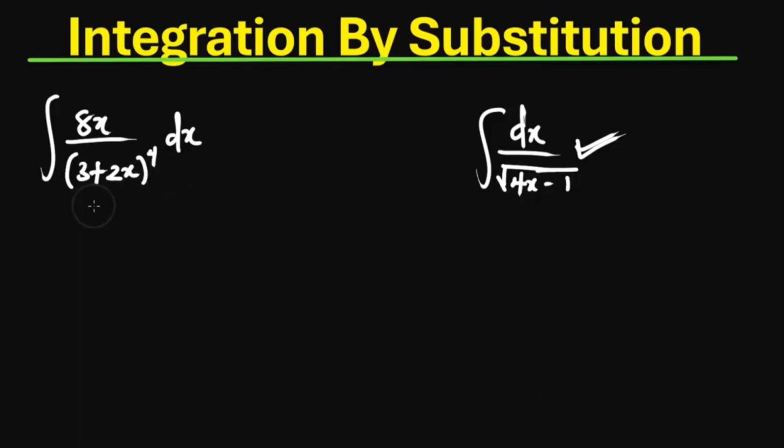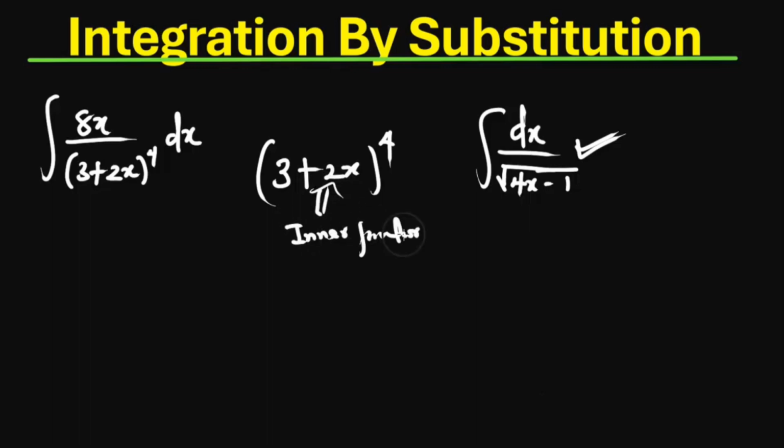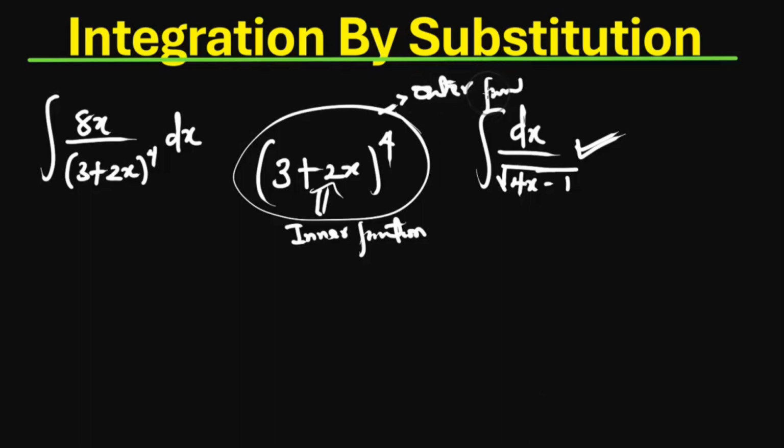Let's start by understanding that whenever we have a function, let's say this, 3 plus 2x. This is a function, right? And (3 plus 2x) to the power 4 is another function. So I'm going to say that 3 plus 2x is my inner function, and (3 plus 2x) raised to power 4 is my outer function.